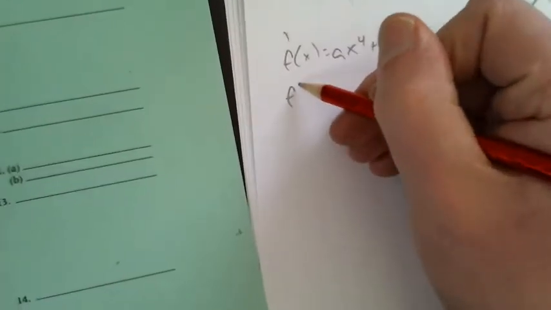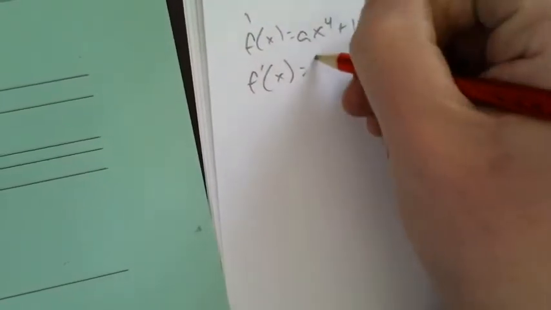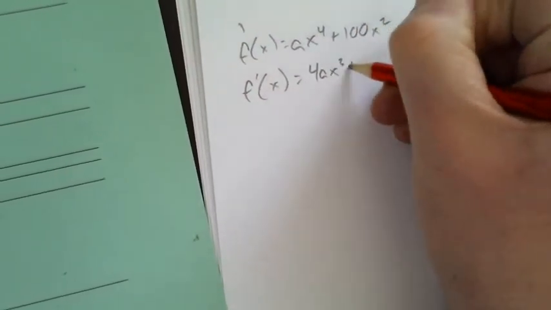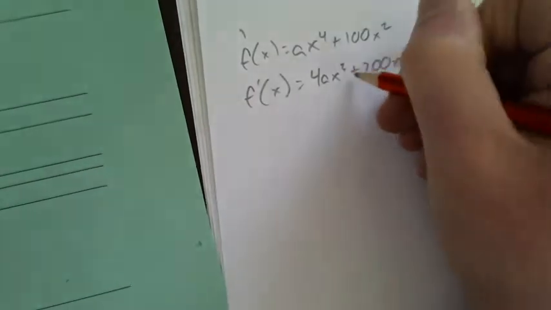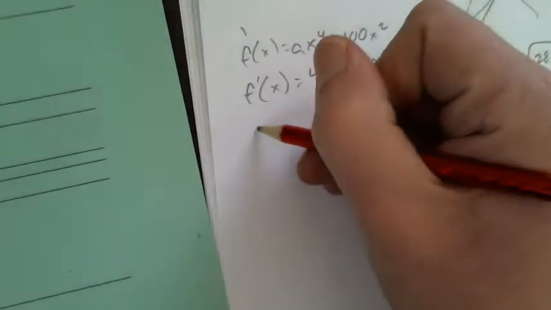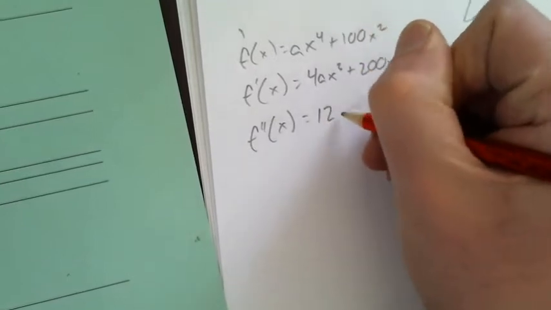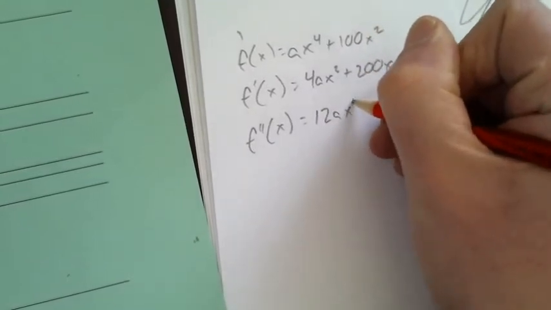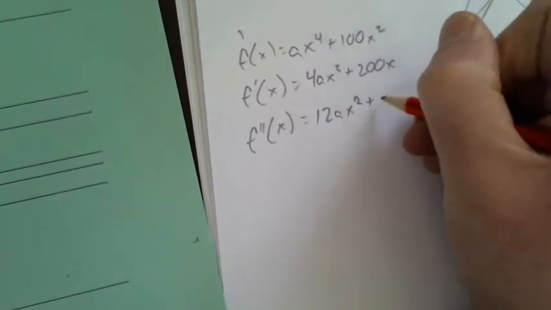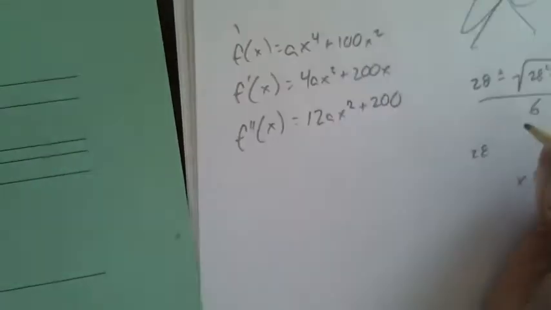So f prime equals 4ax cubed plus 200x, and f double prime equals 12ax squared plus 200.